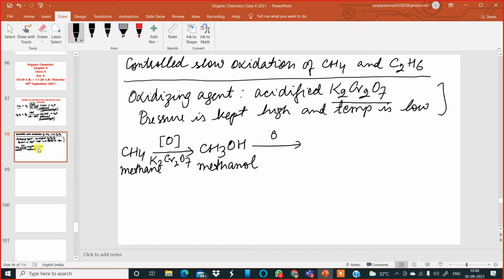In the next step, further oxidation happens in the presence of potassium dichromate.